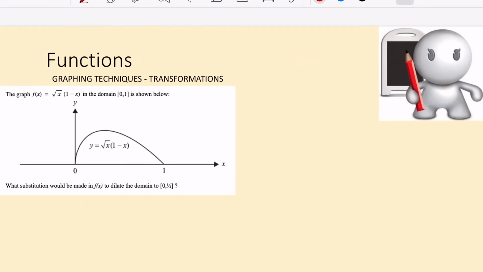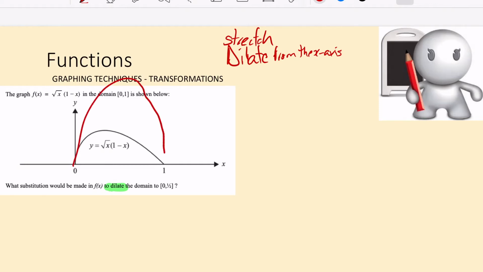Okay, now the next type of transformations is mentioned in this question over here, and what we have is a dilation. Okay, so a dilation is a stretching. So you can stretch away from the x-axis, which will make this like that.